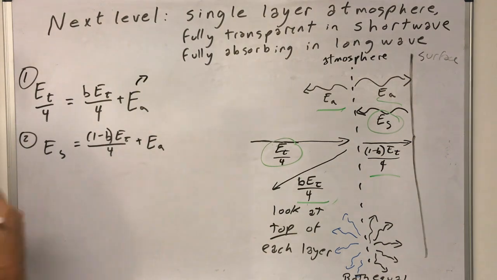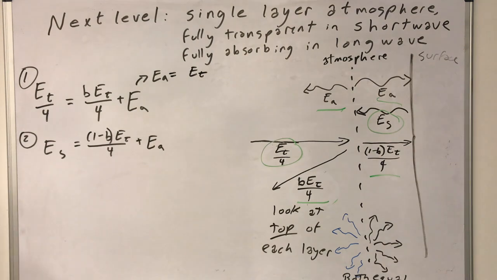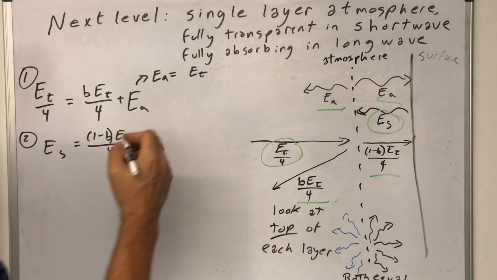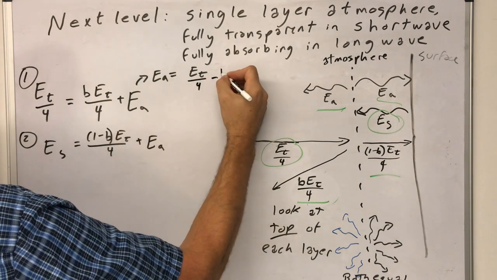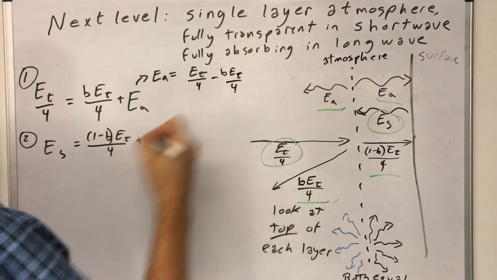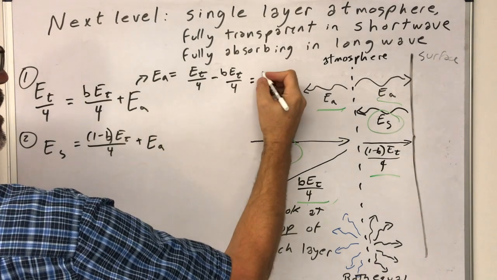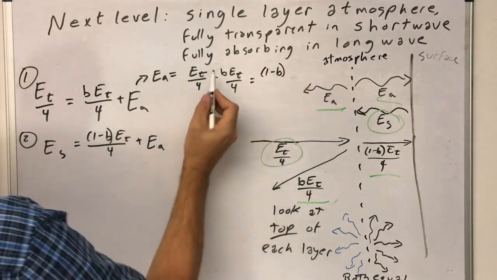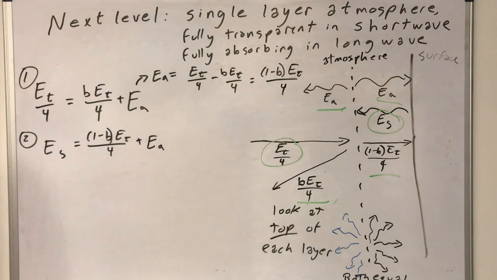We want to get E sub s in terms of E sub t because we know E sub t, so we'll need to substitute away the E sub a. We can rearrange the first equation to get E sub a equals E sub t divided by 4 minus b times E sub t divided by 4, and then we factor out E sub t divided by 4, and we have E sub a equals E sub t divided by 4 times 1 minus b.